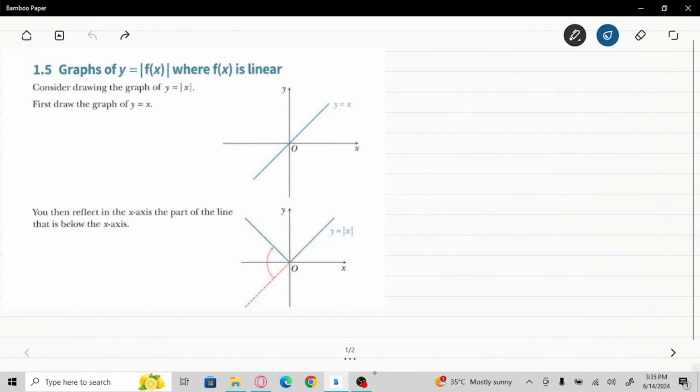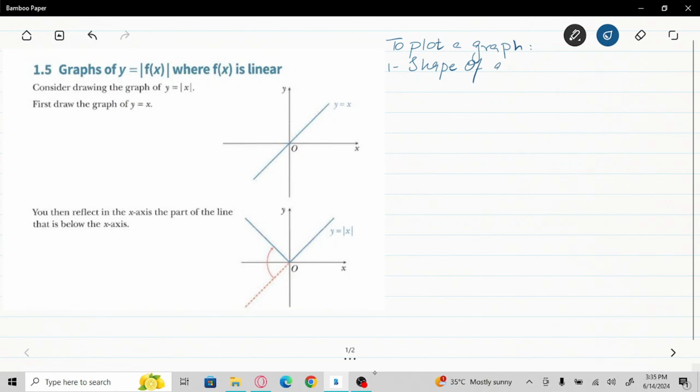Okay, so before we start, let me emphasize the three main things that are needed to plot a graph. First of all, we need to know the shape of the graph. This is not as important, but still it allows us to check if our answer is correct or not.